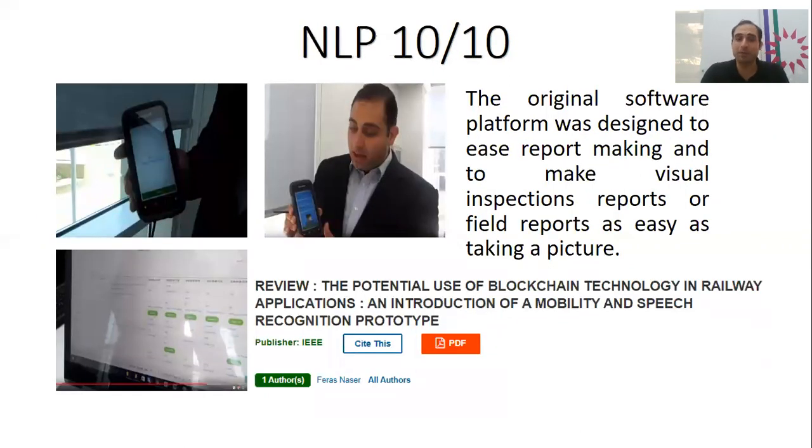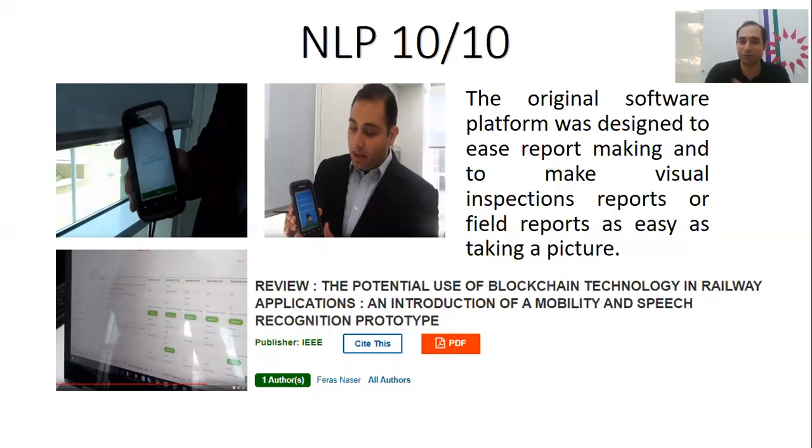I have also published a paper, which you can read, about the potential use of blockchain technology in railway applications, and the introduction of mobility and a speech recognition prototype. This is important, because a lot of people are concerned about privacy, and a lot of people think decentralization is the solution. I talk in this paper about the adoption rate of the technology, and I think I am reasonably right about it, among many other things.